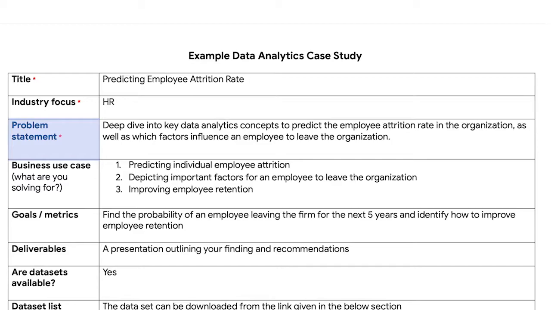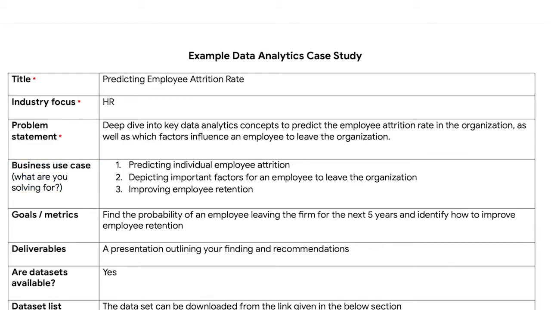In this case, they're asking for a deep dive into key data analytics concepts to predict the employee attrition rate in the organization and which factors influence an employee to leave the organization. So basically, this case study is interested in predicting the rate at which employees might leave the organization and why.